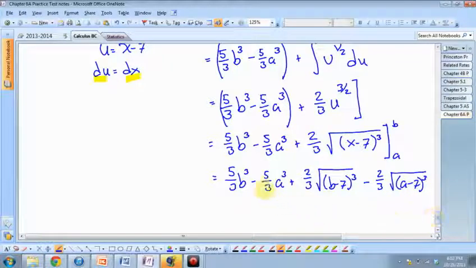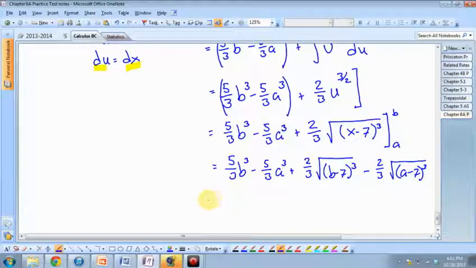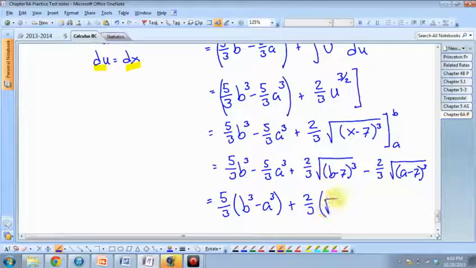You could probably factor out here if you really wanted to go for it. Go for the gold medal. Let's say that's 5/3 (b cubed minus a cubed) plus 2/3 (square root of b minus 7 cubed minus the square root of a minus 7 cubed). But that's not much more simplified than that.